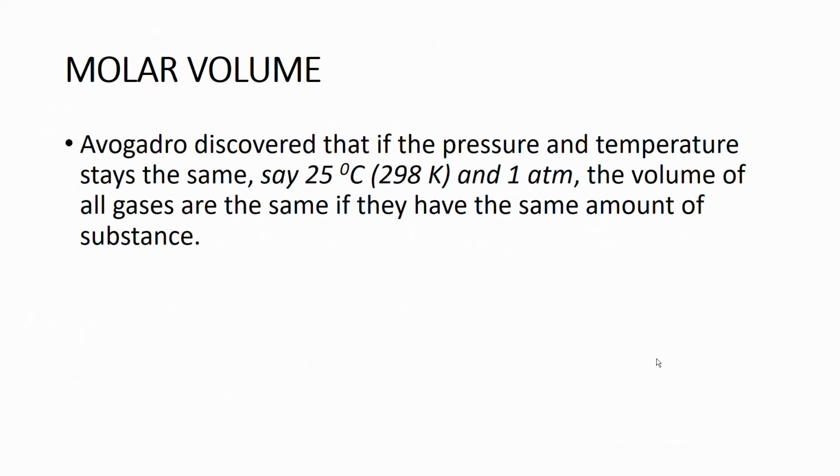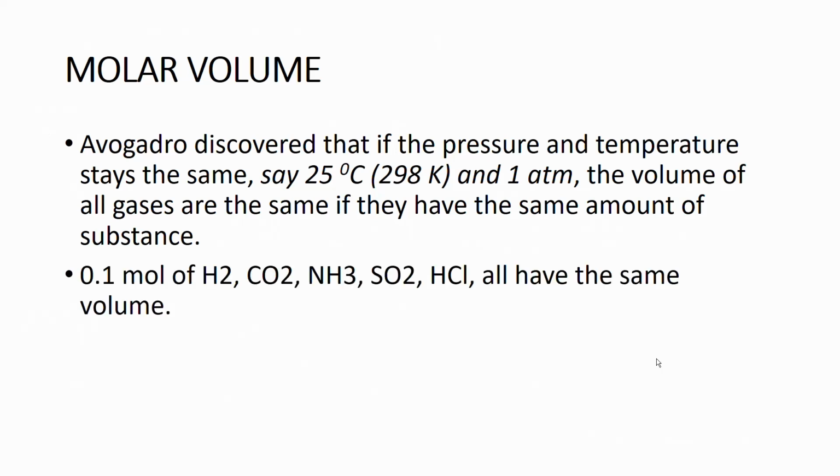Now, Avogadro in his works saw that if you keep the temperature and the pressure constant, then the volume of all gases will be the same if they have the same amount of substance.